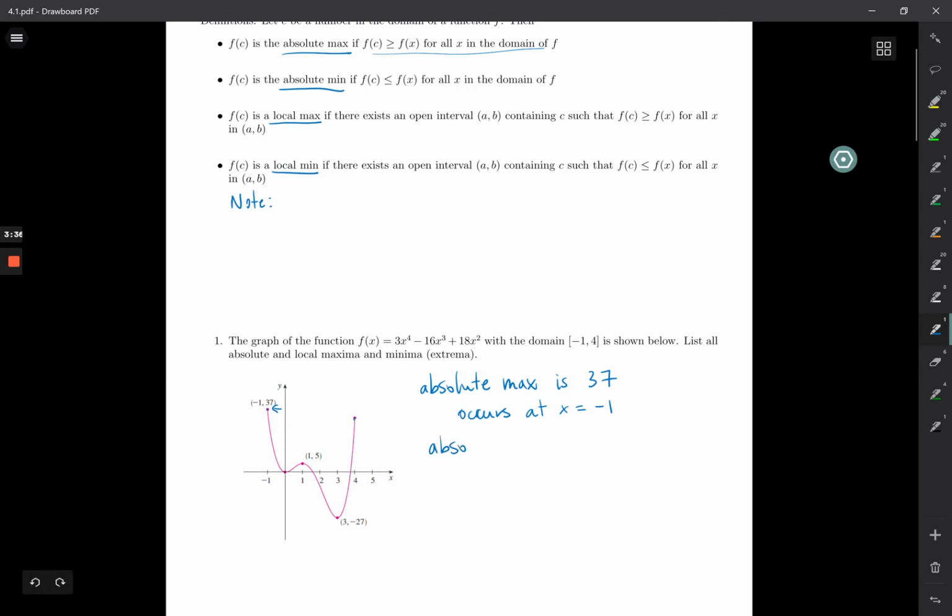And similarly, we have the absolute min, and this is going to be the lowest value that the function attains, and we see that that is this point right here. The y coordinate is -27, so the absolute min is -27, and this occurs when x equals 3.